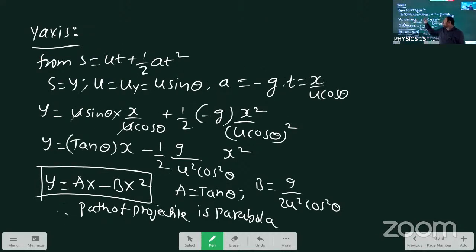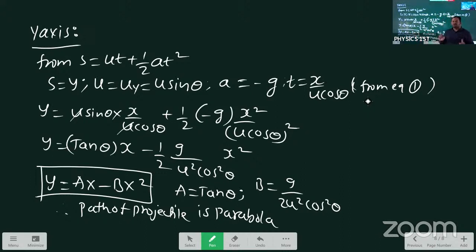All values we write: u is uy, a is minus g, s is y, small t is from equation 1. Substitute here: sin by cos is tan theta, plus into minus, minus half g over u square cos square theta. Overall it is ax minus bx square. Compare: a is tan theta, b is g by 2u square cos square theta. This is the parabola equation, student.